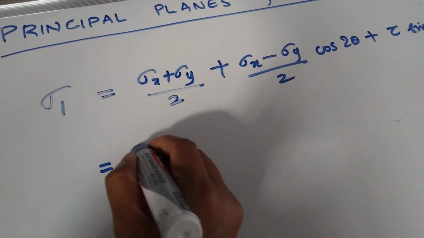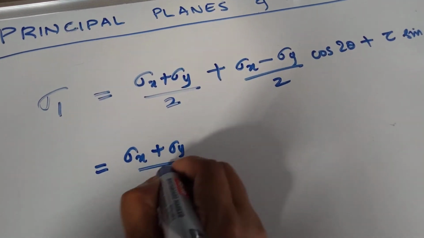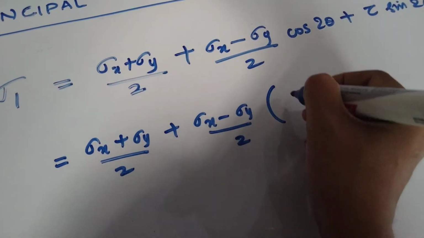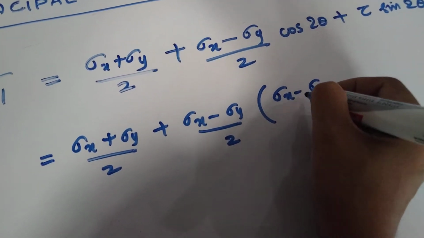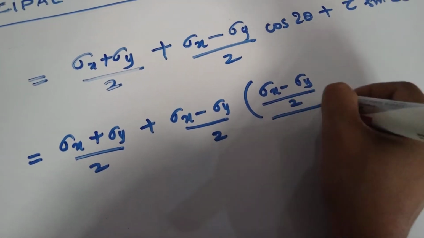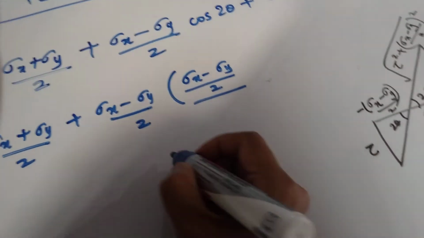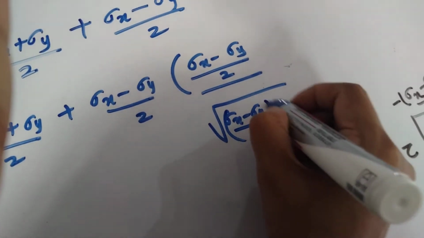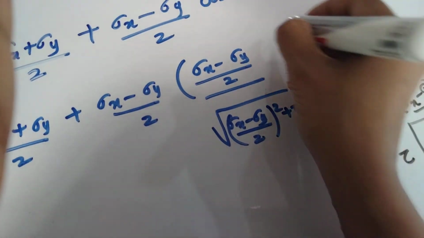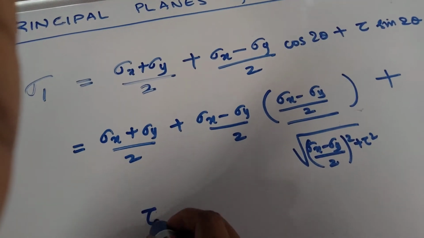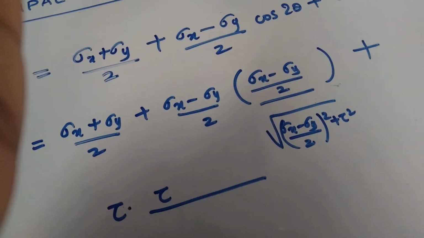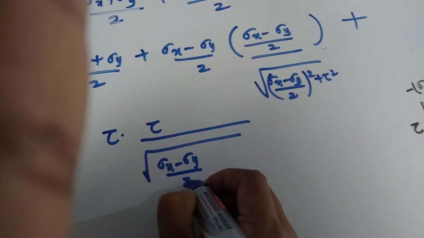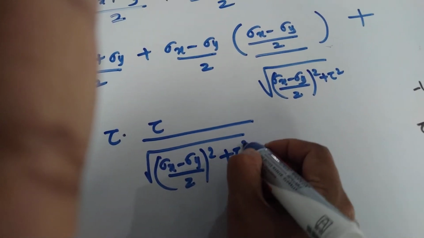So you will get (sigma x plus sigma y)/2 plus (sigma x minus sigma y)/2 into (sigma x minus sigma y)/2 divided by root of ((sigma x minus sigma y)/2) whole squared plus tau squared, plus tau into tau divided by root of ((sigma x minus sigma y)/2) whole squared plus tau squared.